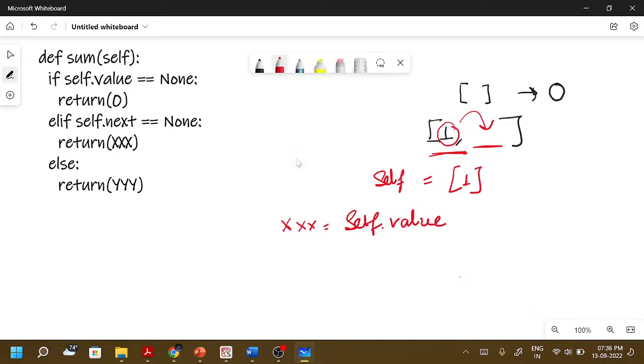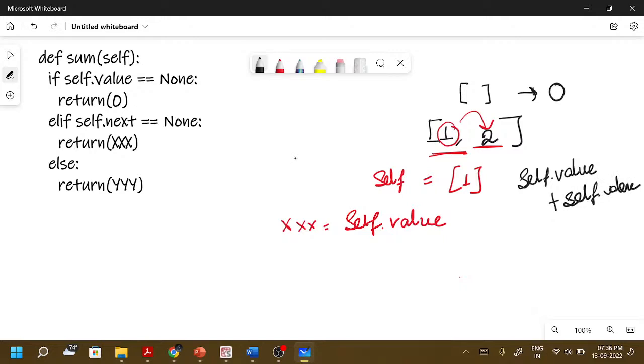Now y. In the next case, what do we have? We have 2. So now it is a recursive call, right? What will it do? Return yyyy will actually be, when we are going to next, we are calculating the sum, meaning self.value of the previous one plus self.value of the current one.